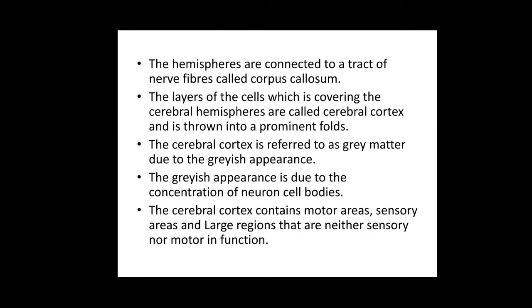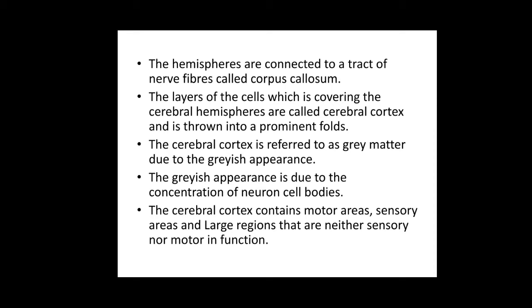The cerebral hemispheres are covered with a layer of cells called the cerebral cortex, which appears in the form of prominent folds. In the cerebral cortex, we can see two regions called gray matter and white matter.